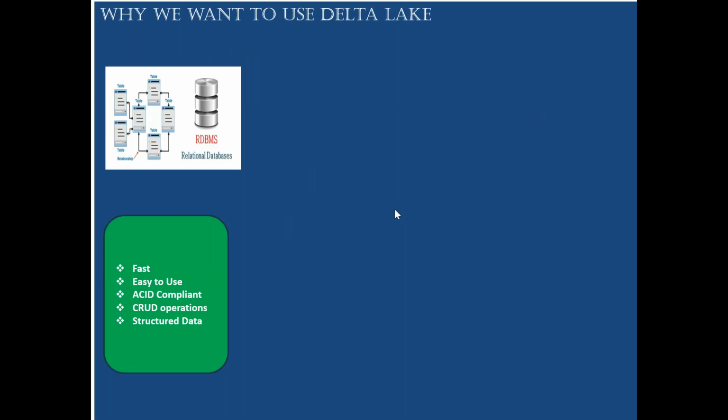Easy to use means we can very easily query the data, see the relations between the tables very quickly, join, and get the data. Databases are also ACID compliant, as we discussed. CRUD operations: CRUD means it allows you to create new tables, update the existing data, delete the existing data, rename, anything you can do on the database. But the problem is it allows only structured data. That is the problem.